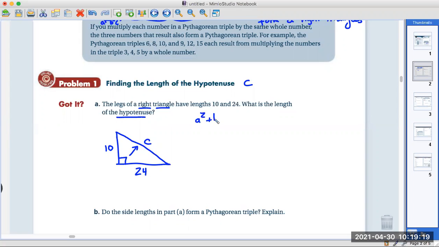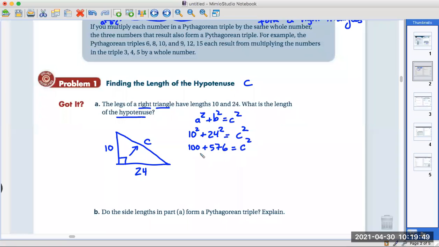A squared plus B squared is C squared. So I'll plug it in, 10 squared plus 24 squared. By the way, you do need a calculator. Definitely. Pause and grab one. 10 times 10 is 100. 24 times 24 is 576. 100 plus 576.